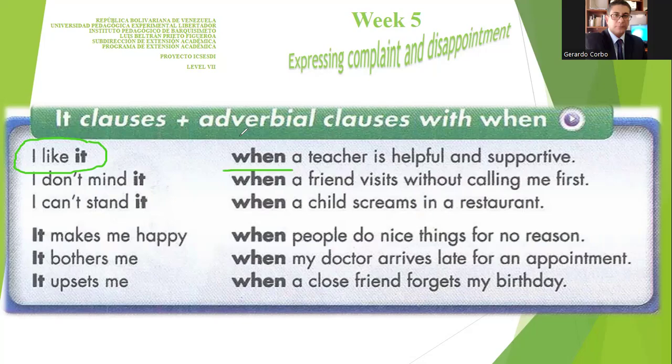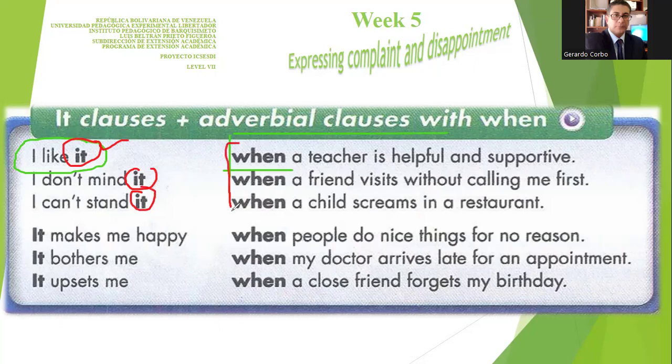And notice that immediately we have the clause starting with the adverb when. I like it when a teacher is helpful and supportive. Notice that at the beginning, when I use I like it or I love it, it always has it at the end. It doesn't matter if it is an affirmative sentence or negative.